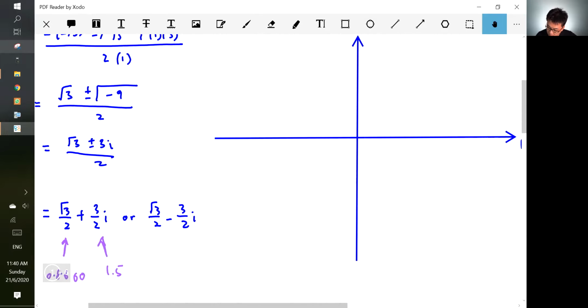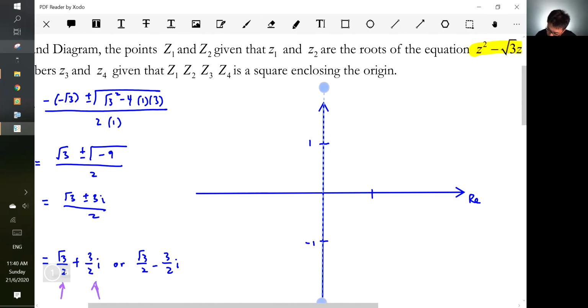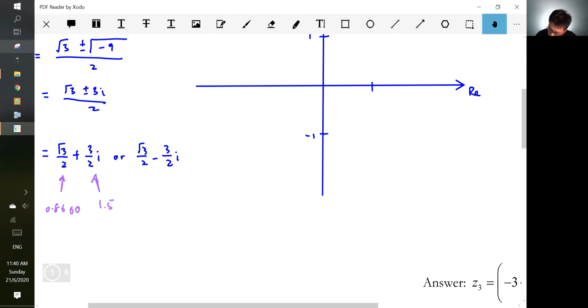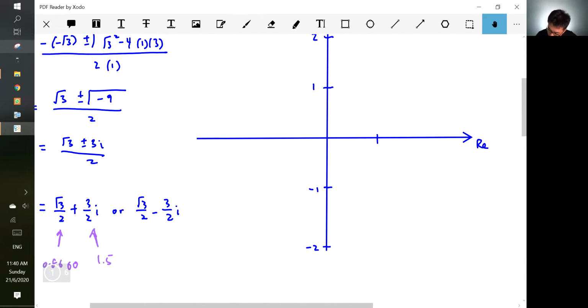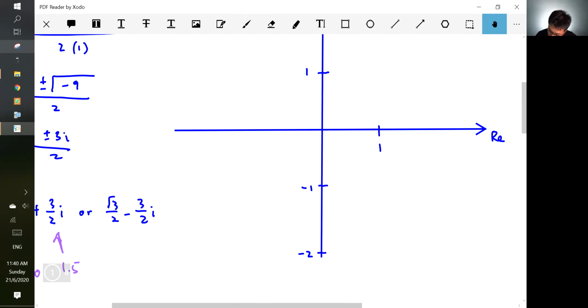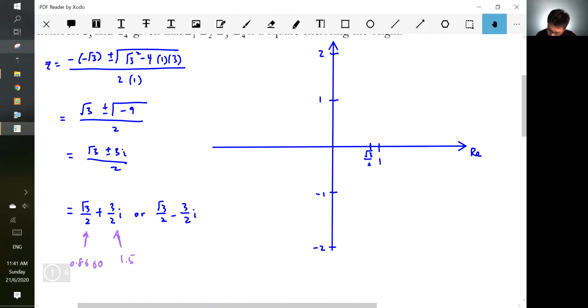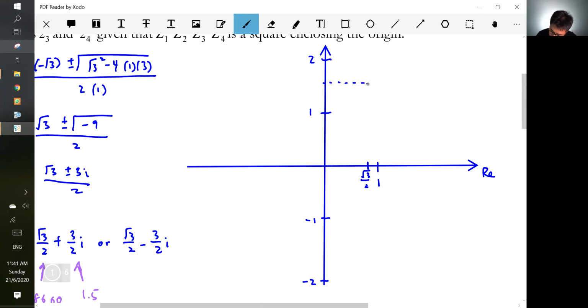So this is root 3, about 1.7. I'll draw 1 unit, minus 1 unit, 2 units. So 0.86 will be roughly here, and half of it here.